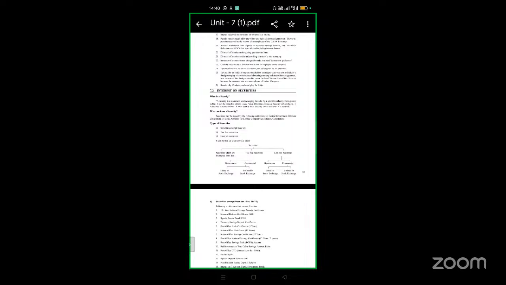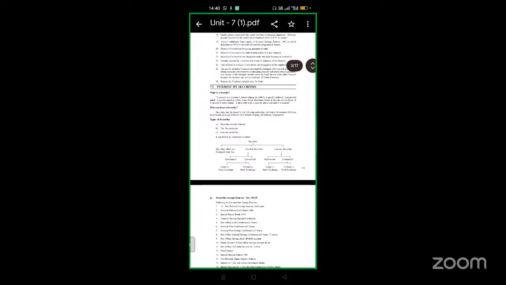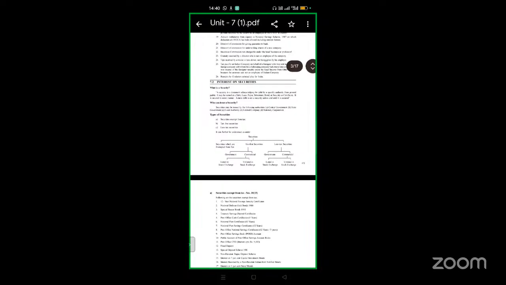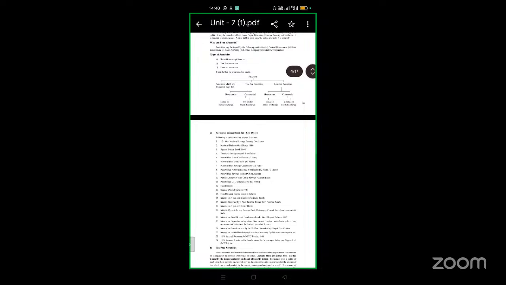Under securities exempt from tax, we have around 24 securities. If you invest in them and receive income, it is taxable under income from other sources. These include national defense bonds, special bearer bonds, treasury savings deposit certificates, post office cash certificates, national savings certificates, and fixed deposits. These all come under securities exempt from tax.